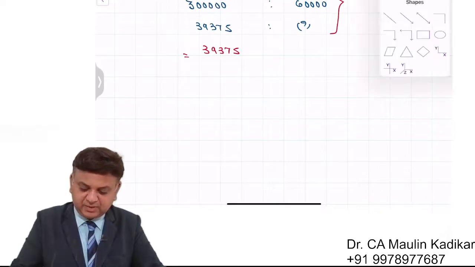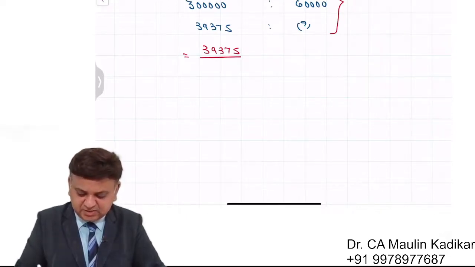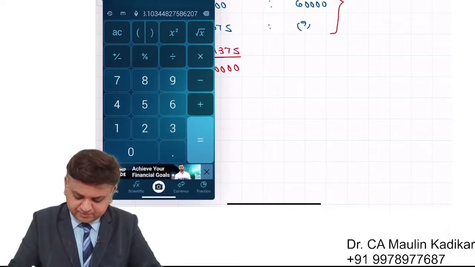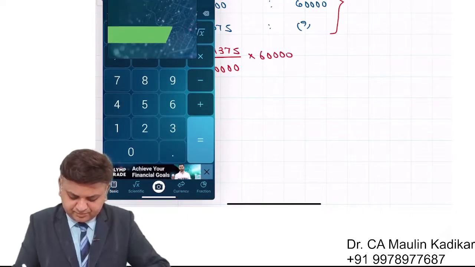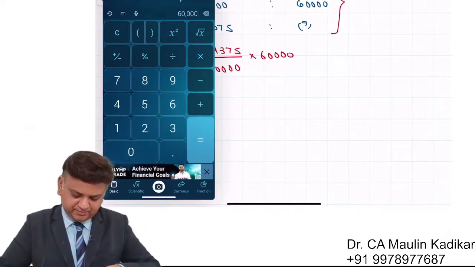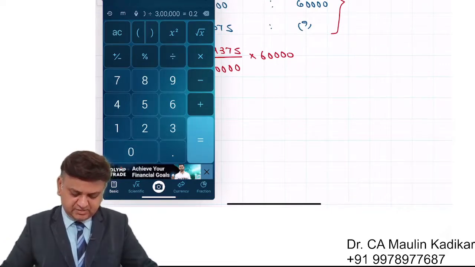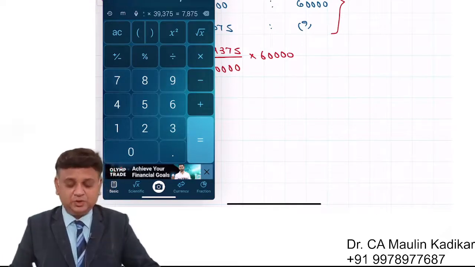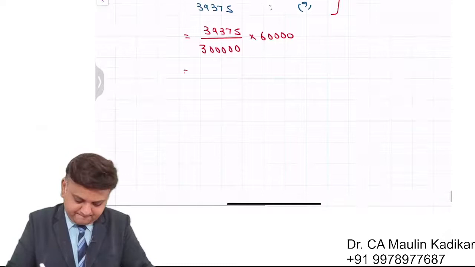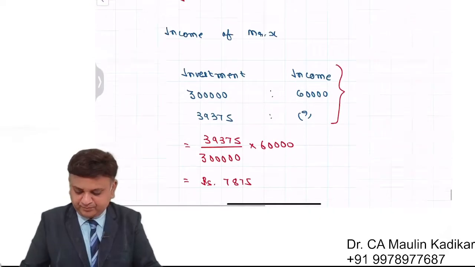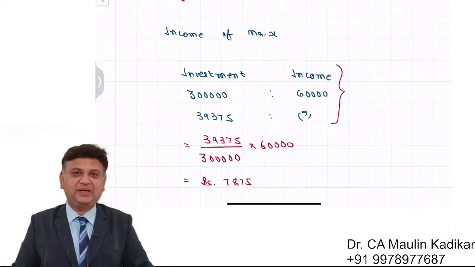Because basically Mr. X will purchase equity shares from the market, and with that, we are required to make the calculation of the answer. So 60,000 divided by 3 lakhs into 39375. So it is 7875. This is the way the income of Mr. X can be calculated.